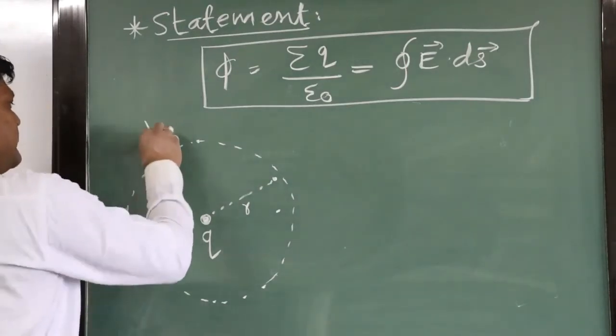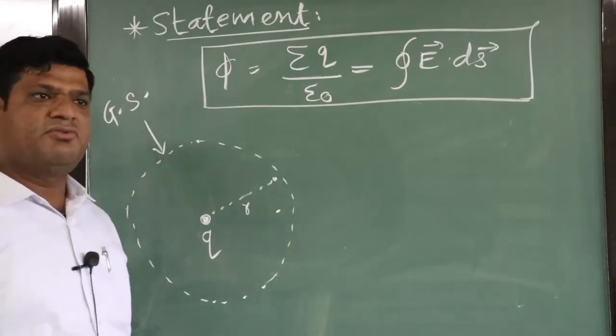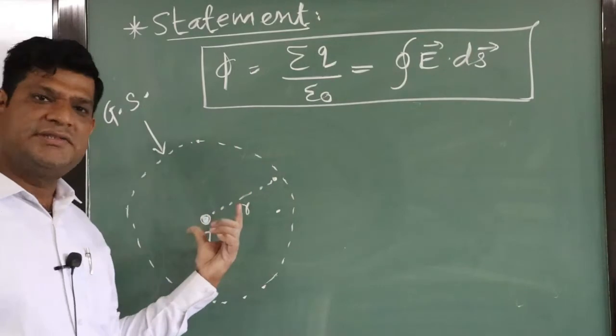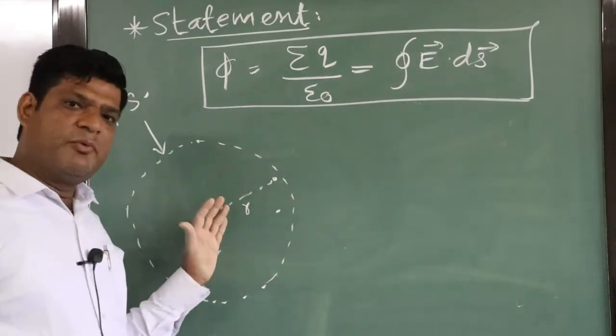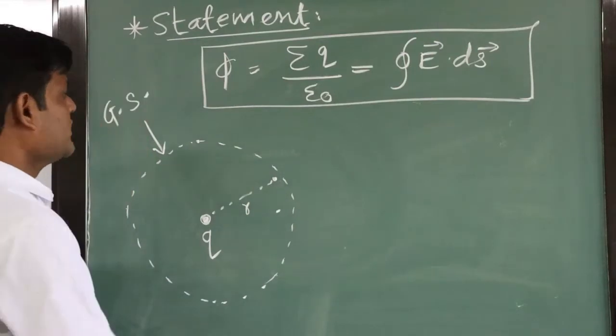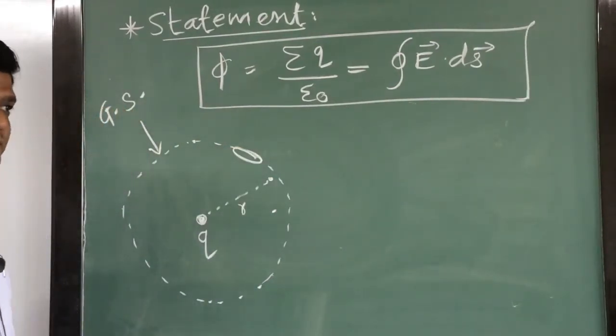So we will indicate this is a Gaussian surface. Gaussian surface means all the points where the electric field will be the same, that are at the same distance from the charge. We are going to consider one small area over here.